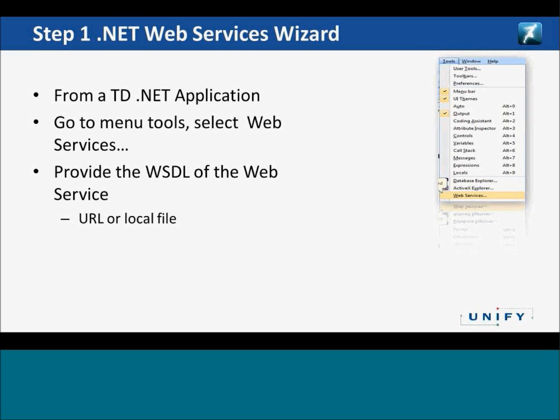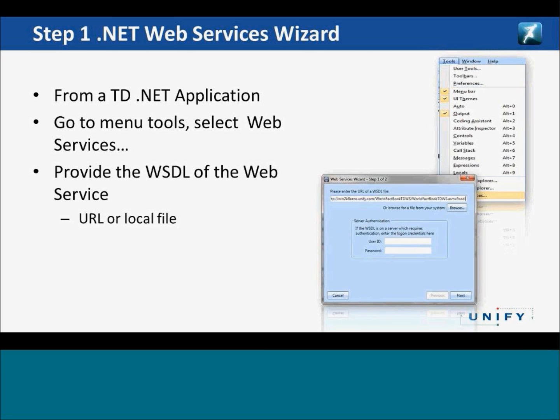So if you have a WSDL file on your machine, you can use that, or you can provide a URL. Here in this screenshot, I'm using a URL. And also, if you're using authentication to get access to the WSDL, then you can provide user ID and password here. So this authentication is for the WSDL, not for consuming a web service.